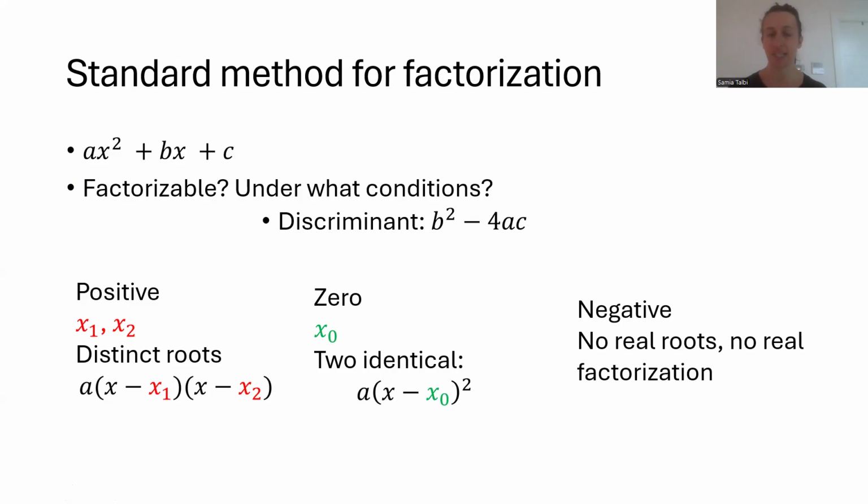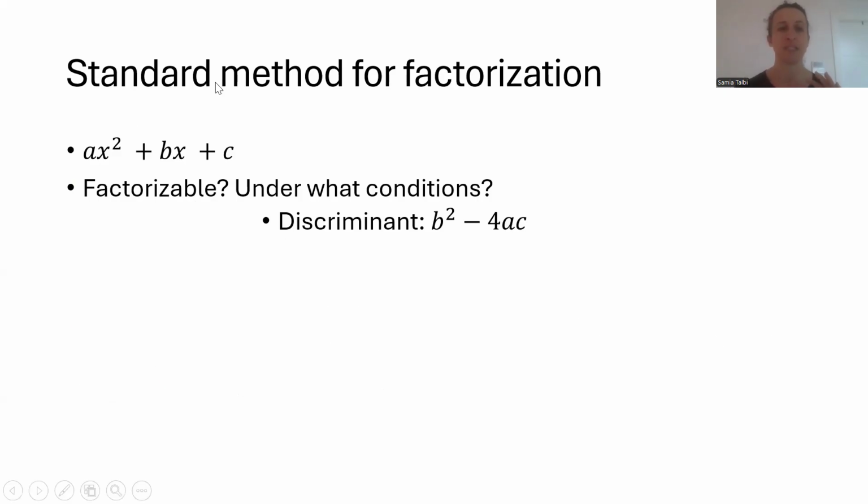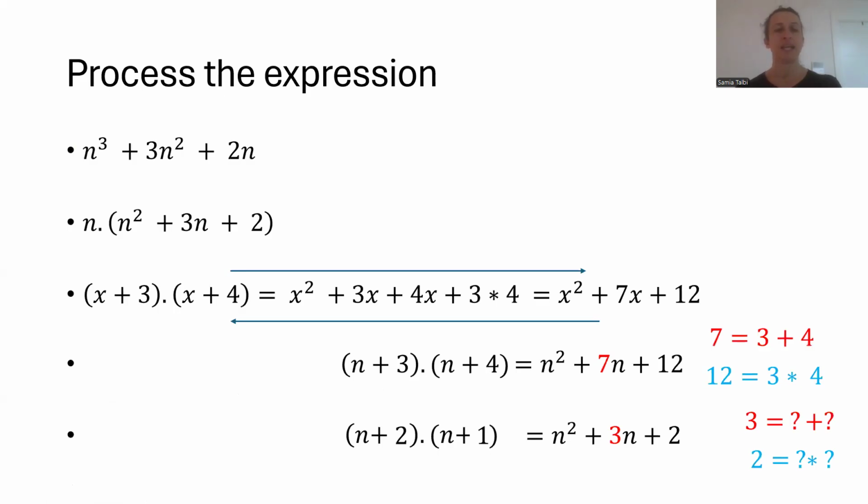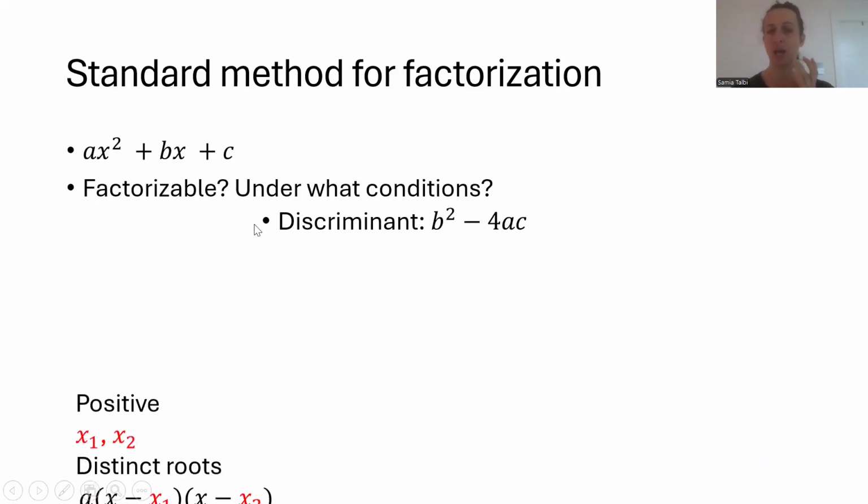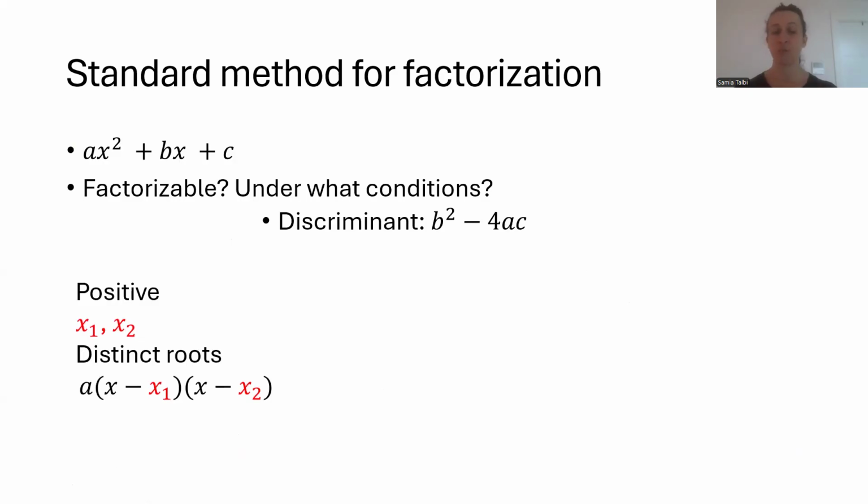So this is to say that we can always factorize, and if we put, let's say, n squared plus 3n plus 2 and call this a, b, and c, then we could just use this formula. We will find a positive discriminant with one root which is -1, one root which is -2, and that will give us the factorization that we found earlier.